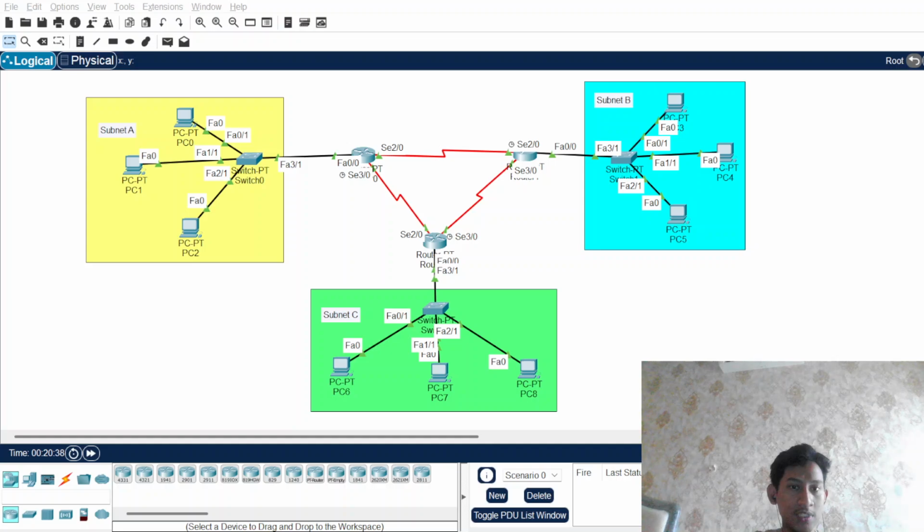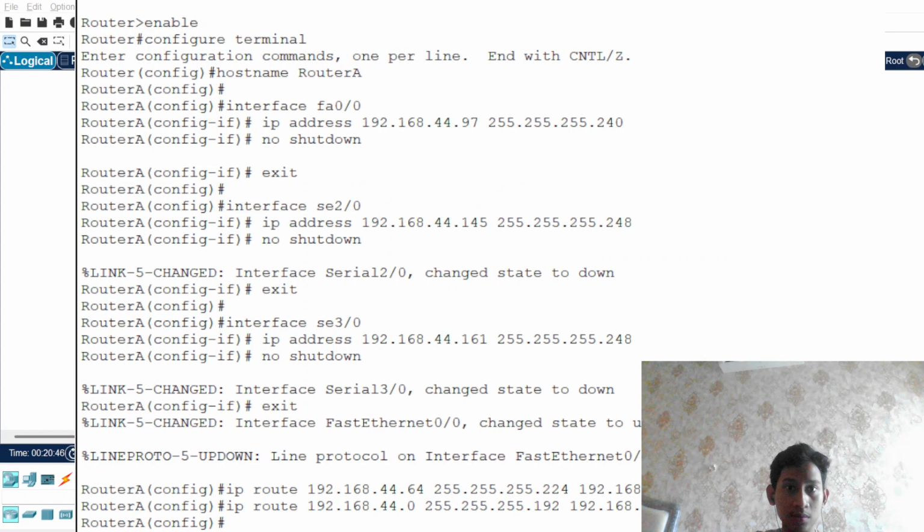The network topology consisted of multiple routers, switches, and PCs connected according to the given design. Each router was configured using the CLI, where we assigned IP addresses based on the VLSM calculation.